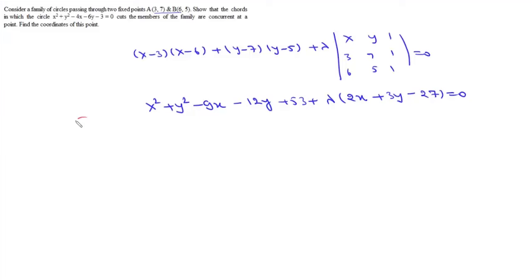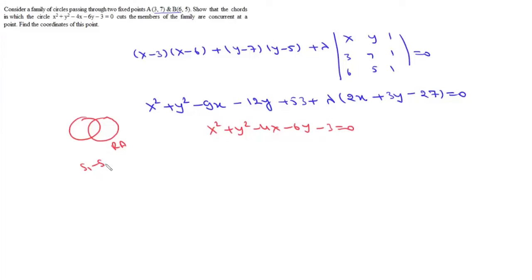Now we have to find the equation of the chord of intersection, and we know that it is nothing but the radical axis. So we have to find the radical axis of two circles. One of the circles is this given circle, and the other circle is x square plus y square minus 4x minus 6y minus 3 equals 0.